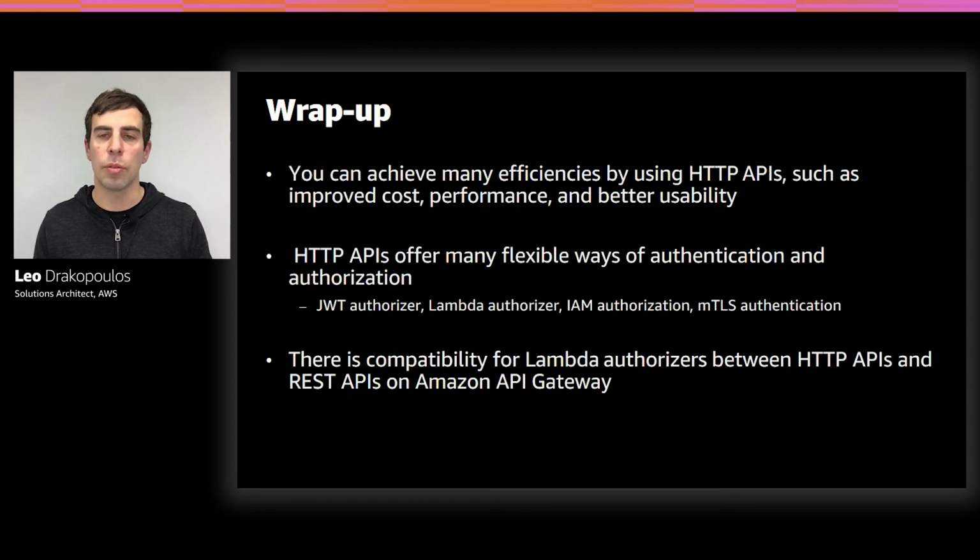We focused a lot on this part within this presentation, but again, HTTP APIs offer many flexible ways of authentication and authorization. And the different ways that we've examined are JWT authorizers, Lambda authorizers, IAM authorization, and mutual TLS authentication. And we saw demos for JWT, Lambda, and mTLS.